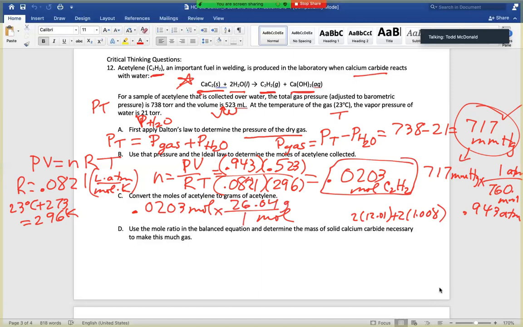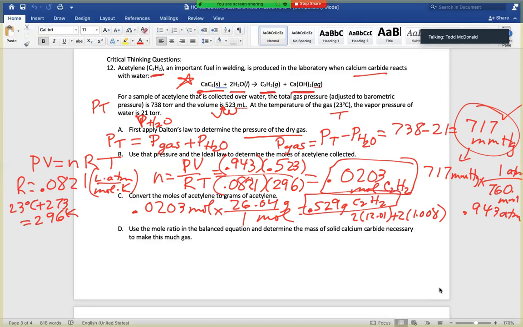I'm going to multiply that by 0.0203 and I get 0.529 grams of this acetylene. So that's how many grams I'm going to have, 0.529 grams of acetylene.